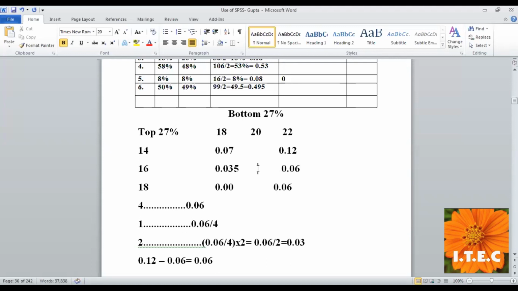And now you have to find out this. The difference between this is 4, and the difference between this is 4, then the difference between 0.035 and 0.06 is how much? So it is 0.06 minus 0.035, and that comes to 0.025.